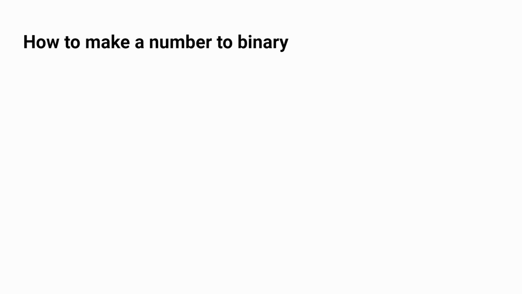How to convert a number to binary? Well, first we need to know that a floating number is 1 and a whole number is 0. I'm gonna talk about why I'm talking about floating and whole numbers very soon. But what if we want to make R, which is the 18th character in the alphabet?